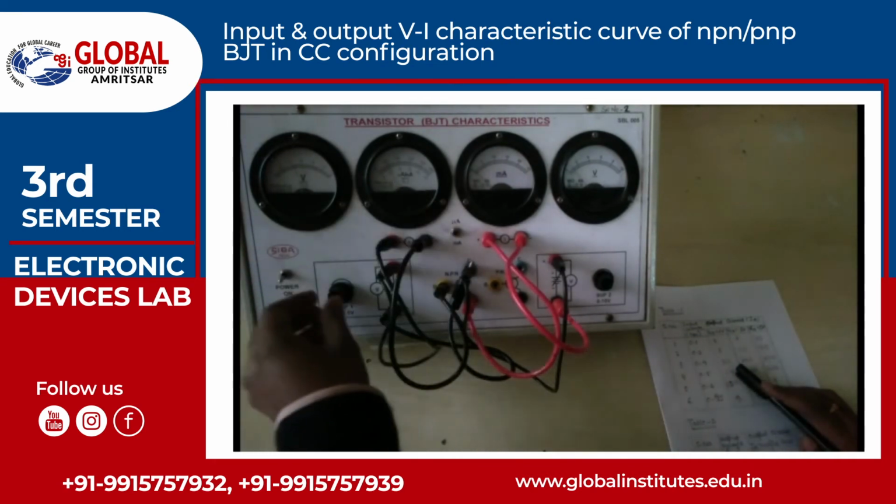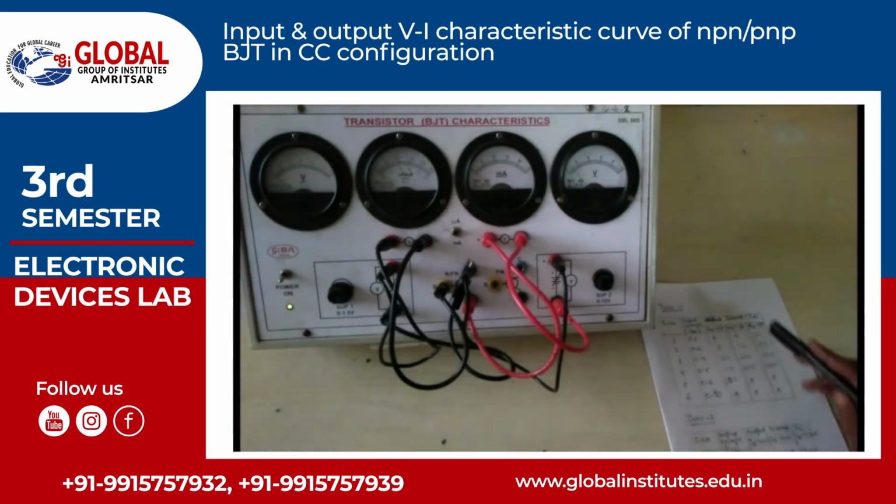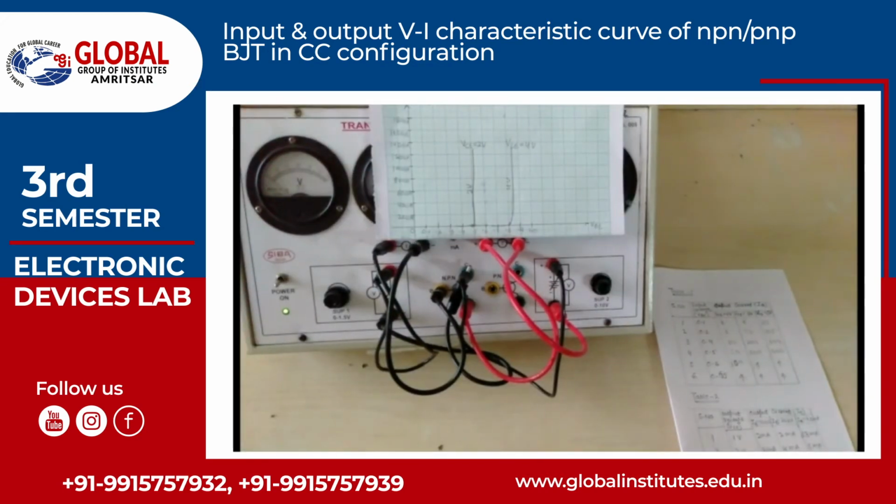At 0.4, it is 30 microampere. At 0.5, it sharply increases. Next, we will set the voltage VCE to 3 volt and 5 volt and record the current.